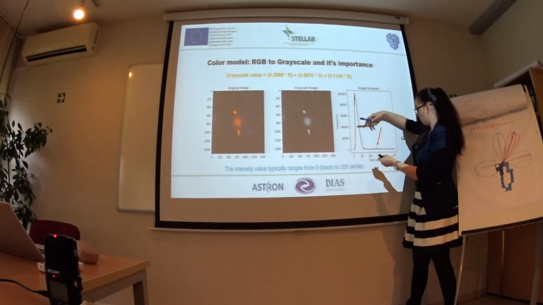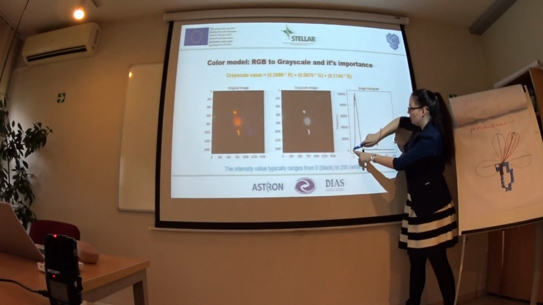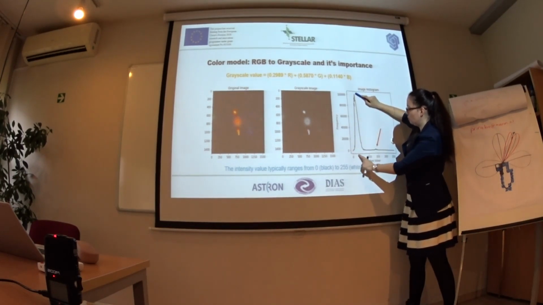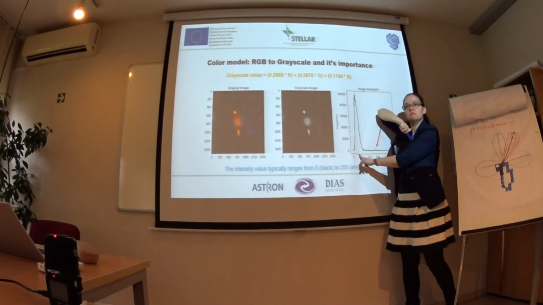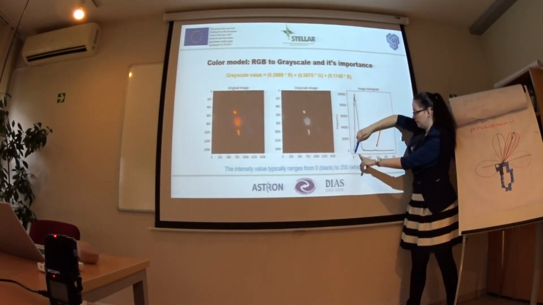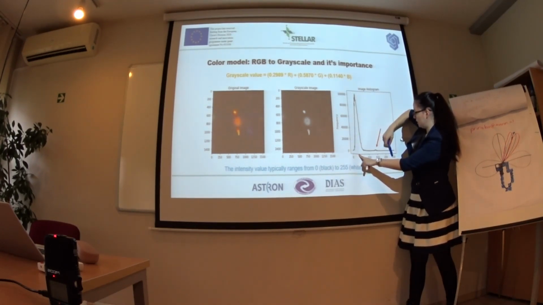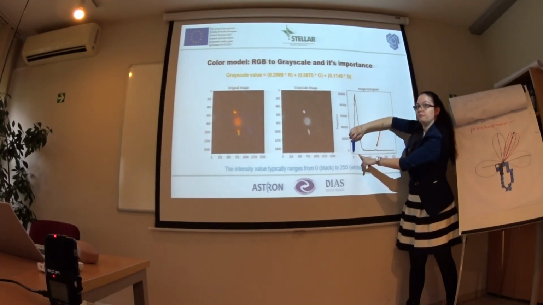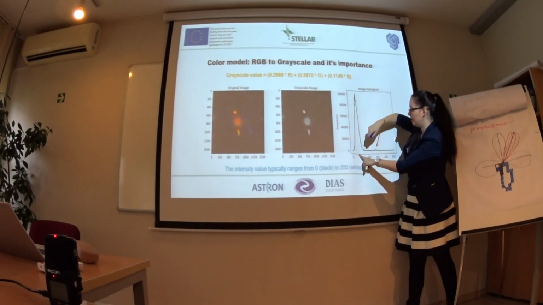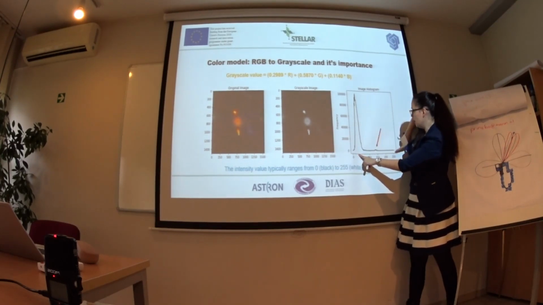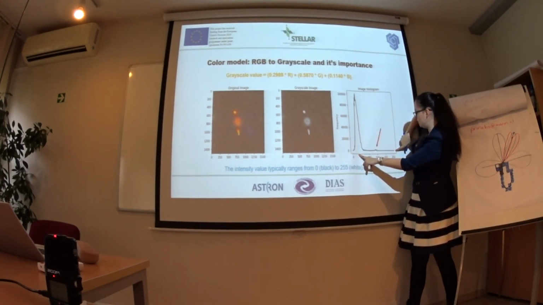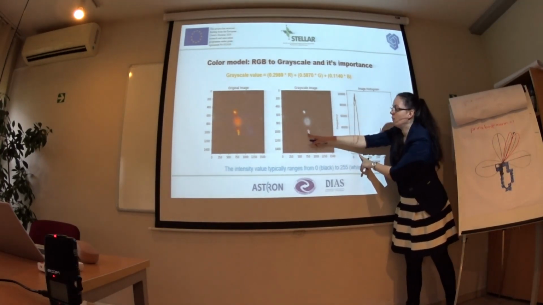What we can see here is a peak at around 40. We have the pixel value, and we can have values from 0 to 255. 0 is the black one, and 255 is the white one.